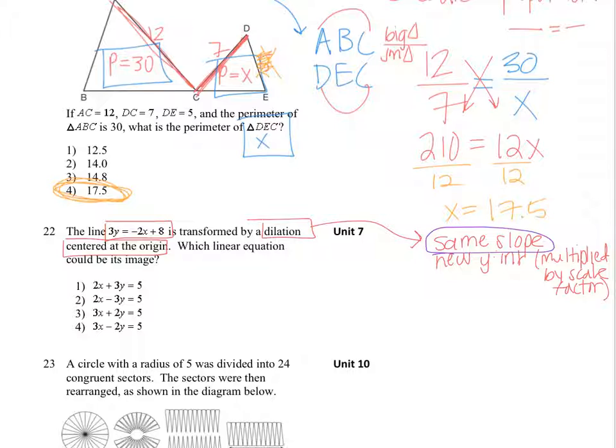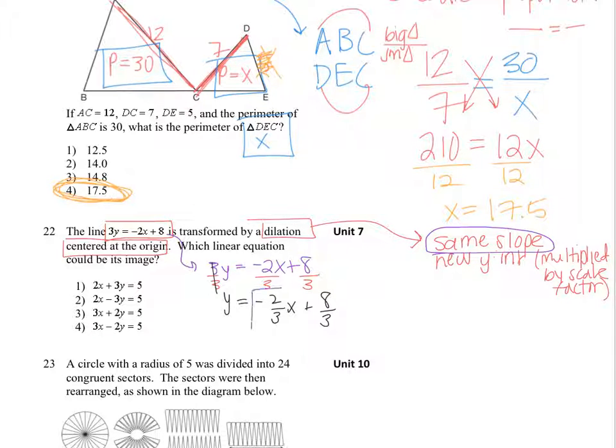So the first thing we want to do is get the equation into y equals. We have 3y equals negative 2x plus 8. So we divide by 3 on both sides with every single part. These cancel, so we have y equals negative 2/3 x plus 8/3.